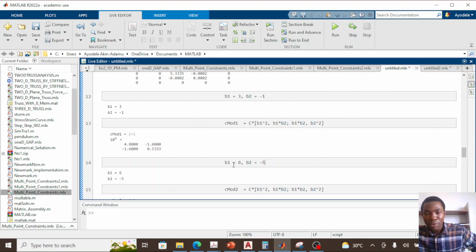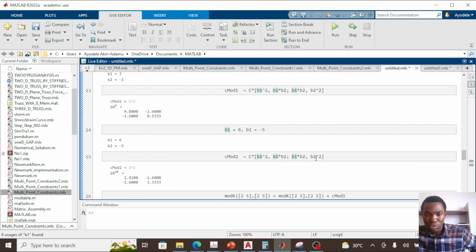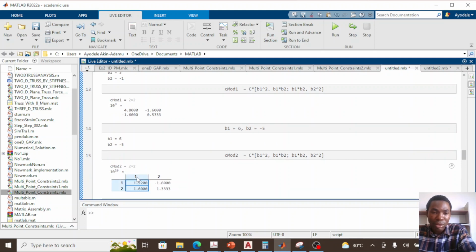So B1 is redefined as 6, B2 is redefined as minus 5, and is substituted in a matrix I call C mod 2. This is my second multi-point constraint matrix. If I run this, this is formed.